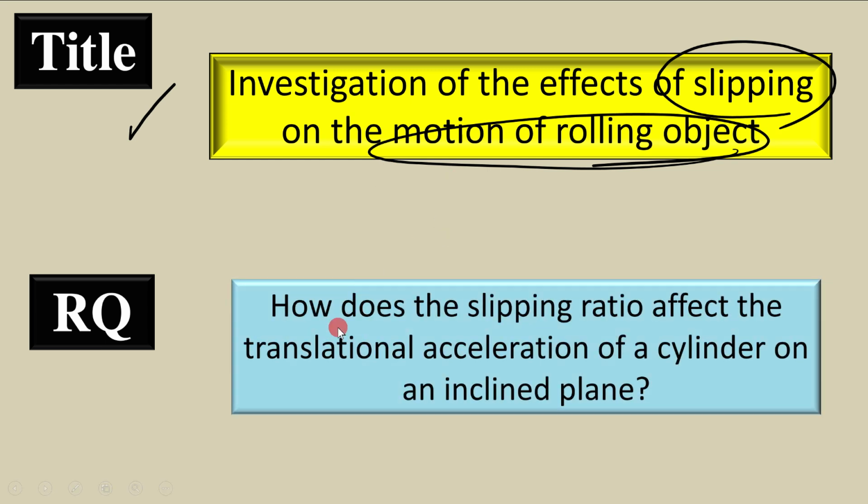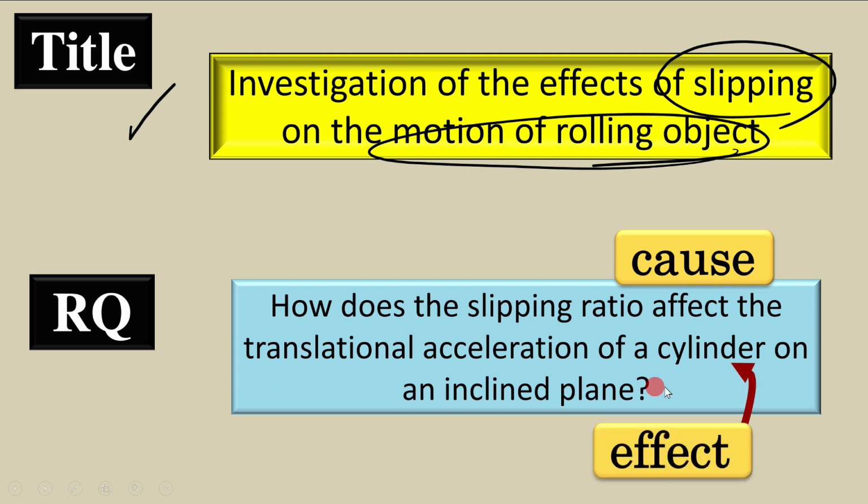But look at the research question. How does the sleeping ratio affect translational acceleration of a cylinder on an inclined plane? Good. The cause is the sleeping ratio and the effect is translational acceleration of the cylinder. Research question also is perfect. So both research question and title are accepted.